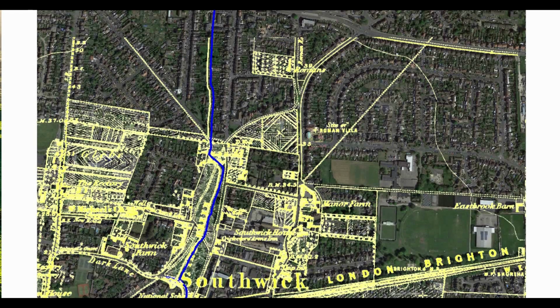This 1873 map shows the Southwick Brook that runs from the spring in Old Shoreham Road down through the green to the sea.